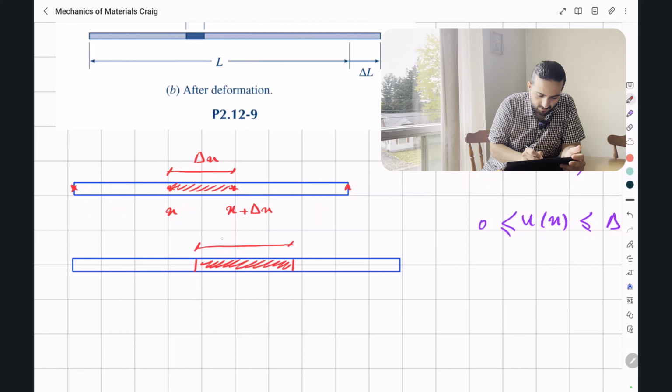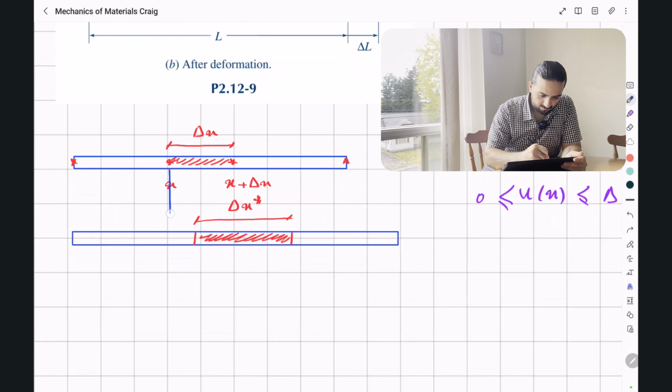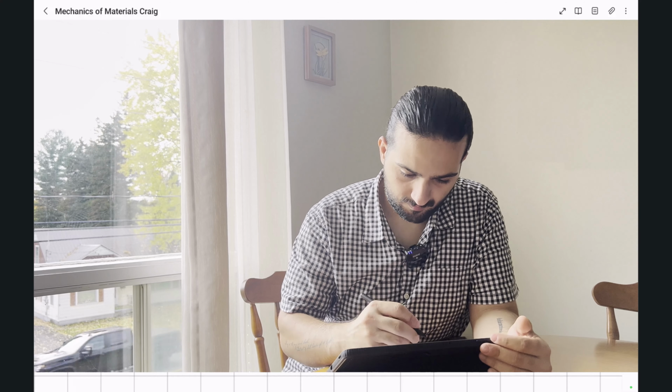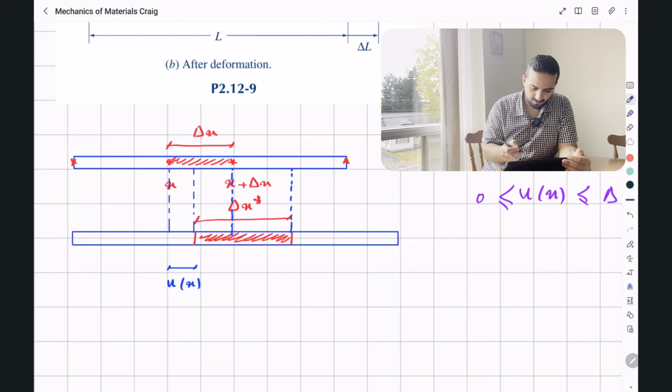And we're going to call it delta x star. So this was our point x, which moved to this point. So this is going to be Ux, and similarly for this point, it moved to here. So this is going to be Ux plus delta x.